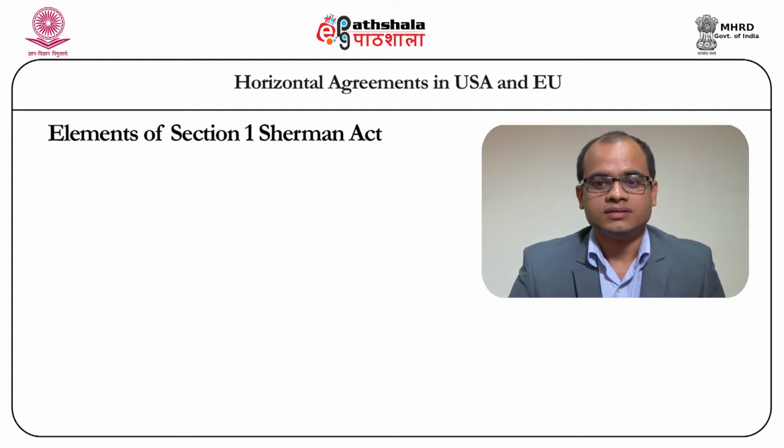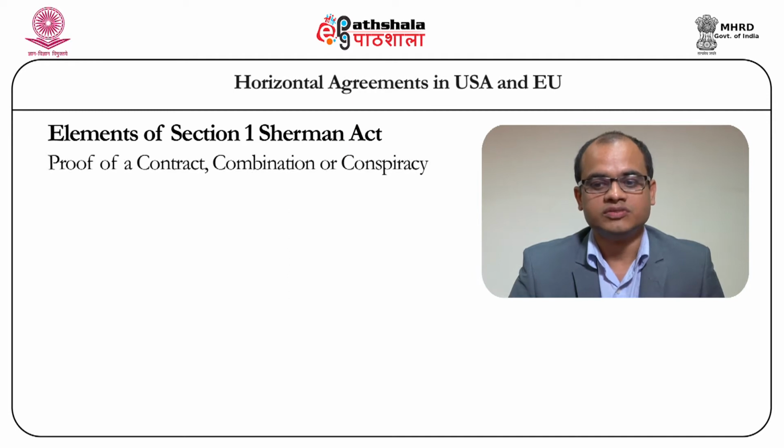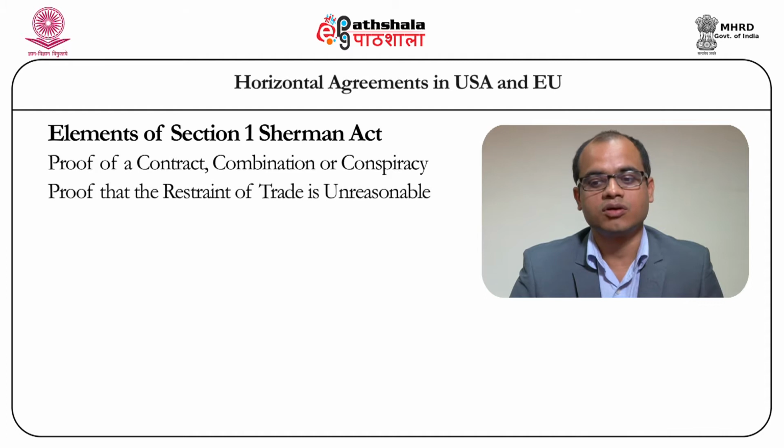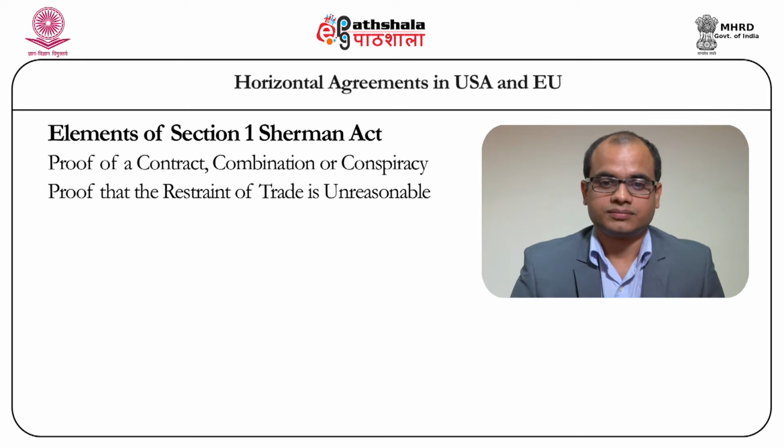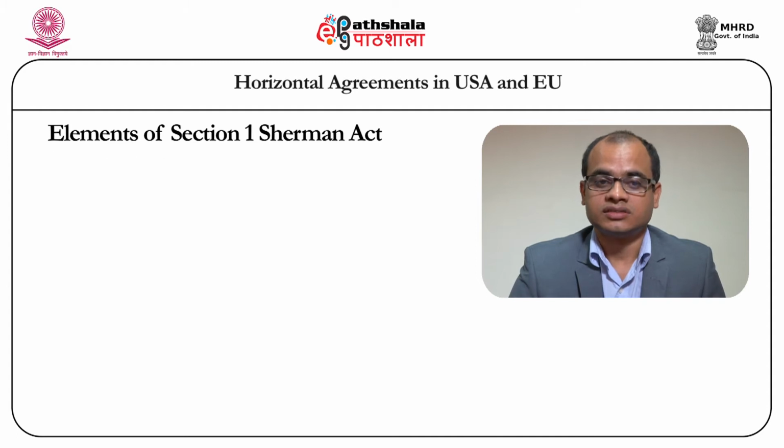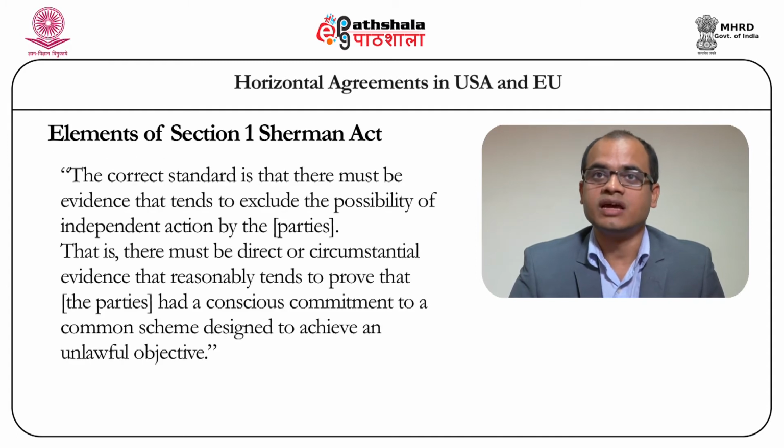So we can see the important ingredients of Section 1 of the Sherman Act. First, there must be an agreement or conspiracy between at least two parties. The next is analyzing the competitive impact of the restraint, the specific business practice in question. And there must be direct or circumstantial evidence. The correct standard is that there must be evidence that tends to exclude the possibility of independent action by the parties.